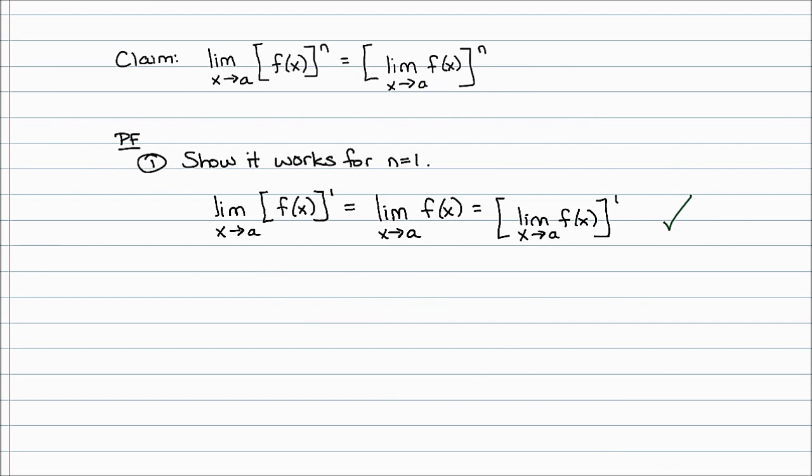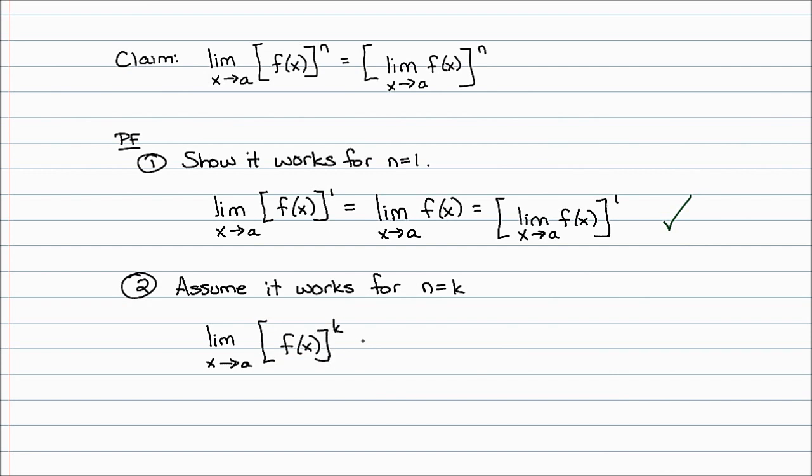Now we'll just state the induction hypothesis, which is that we're going to go down the line a little bit, and we're going to assume that it works for k. Assume it works for some k later on, so for some n equals k, which basically means that the limit as x approaches a of the quantity f of x raised to the k power, we're assuming that that is actually going to turn into the kth power of the limit.